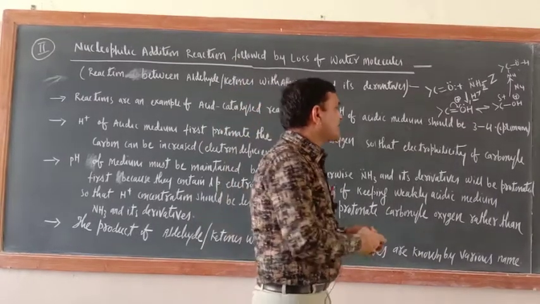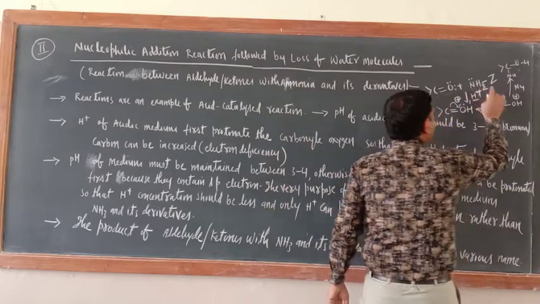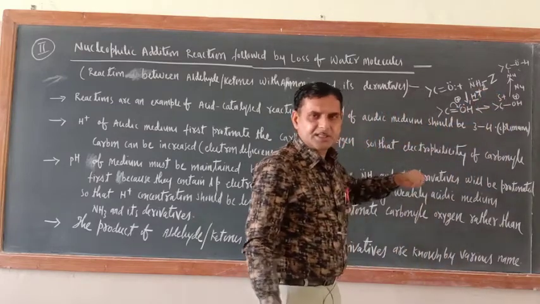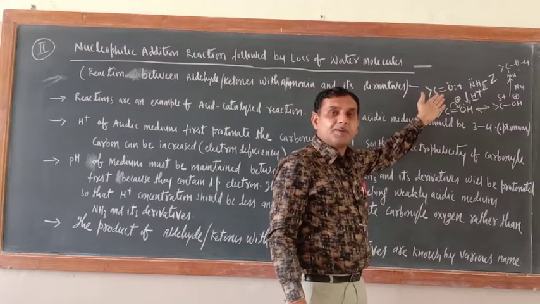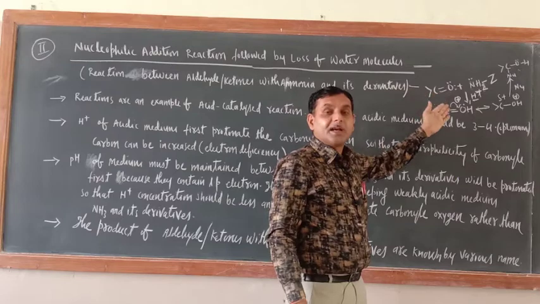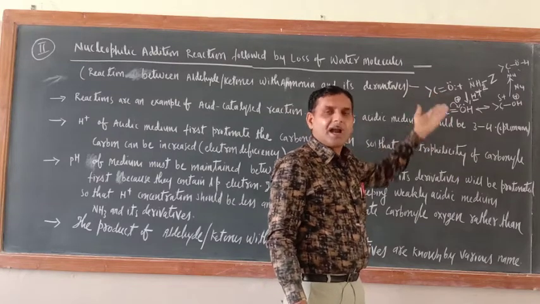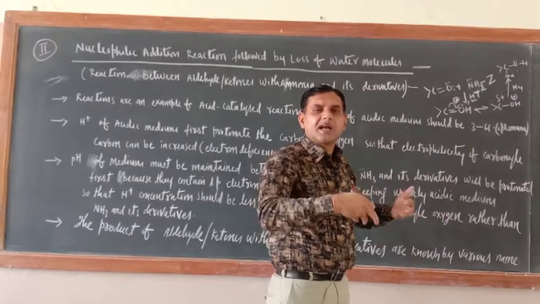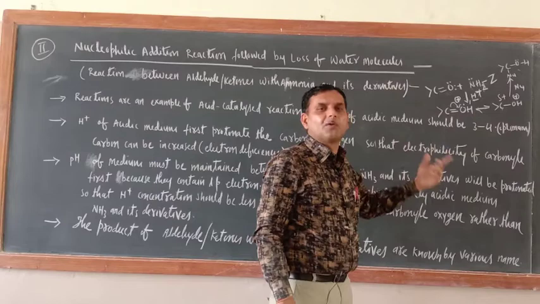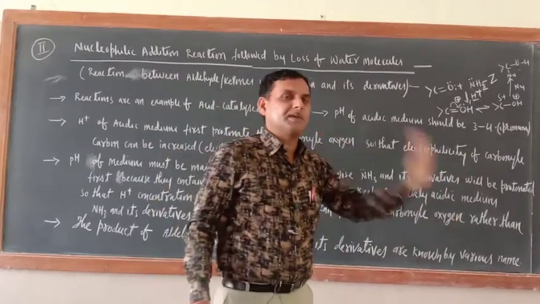So when pH is beyond 4, H positive ion concentration will be less, and so carbonyl oxygen will not be protonated. And if it is not protonated, then electrophilicity of carbonyl carbon will not increase. And already ammonia and its derivatives are weak. So who will attack on the carbonyl carbon? No one. That is why the optimum pH, that is 3 to 4, must be maintained.